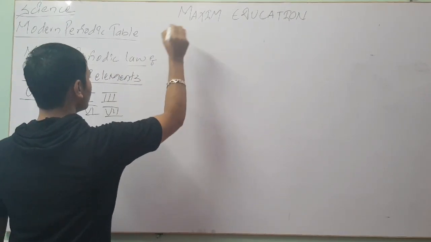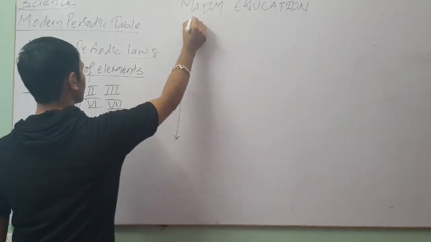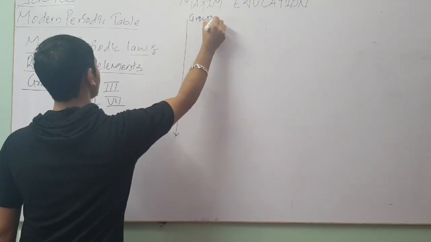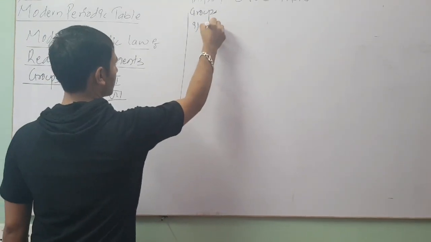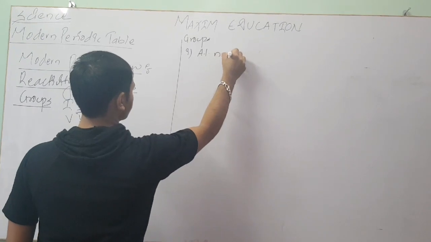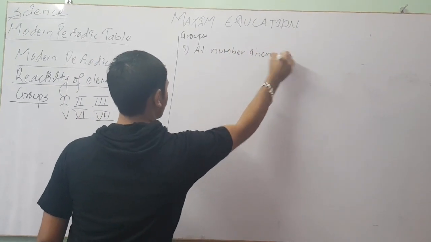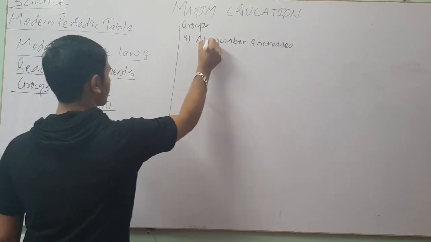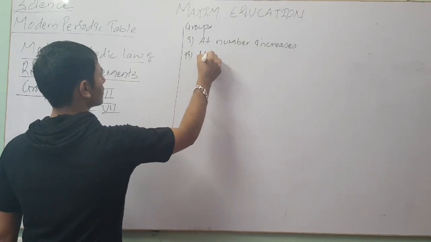While moving from top to bottom in groups, first, what increases? Atomic number increases. When atomic number increases, then atomic size increases.